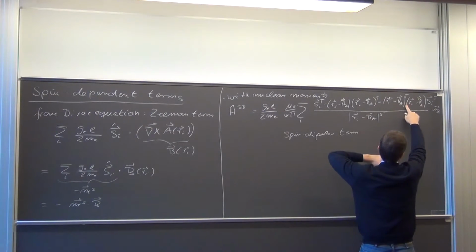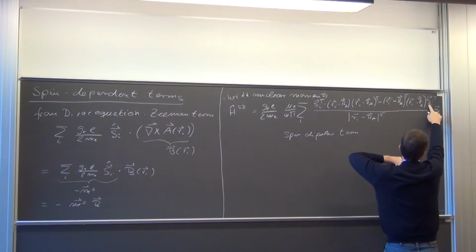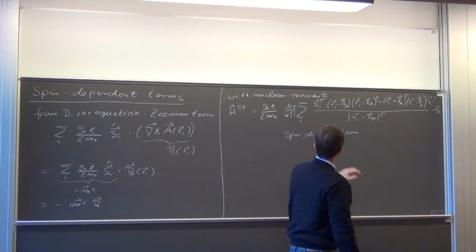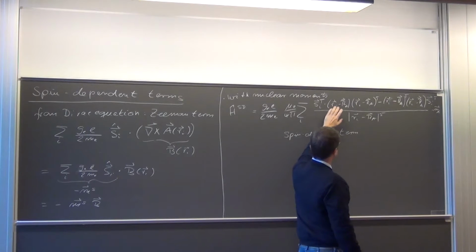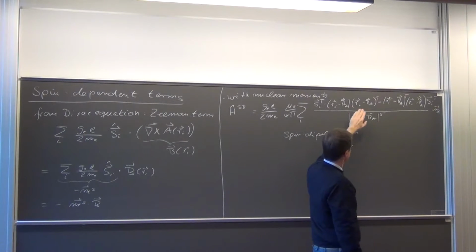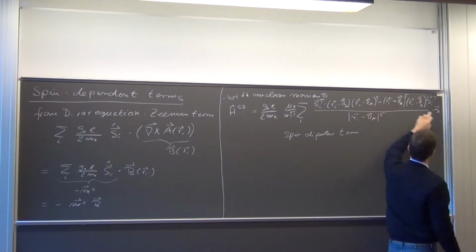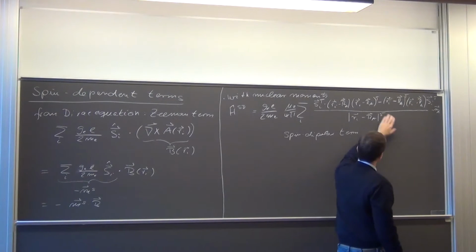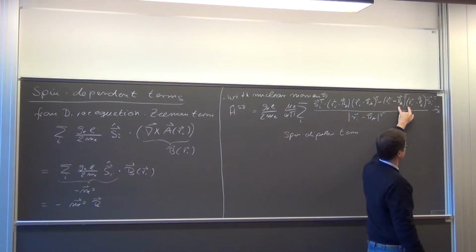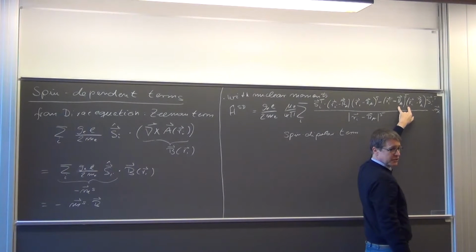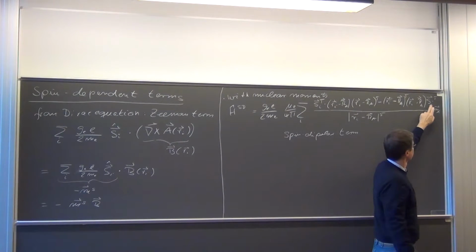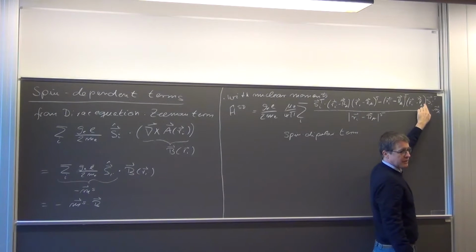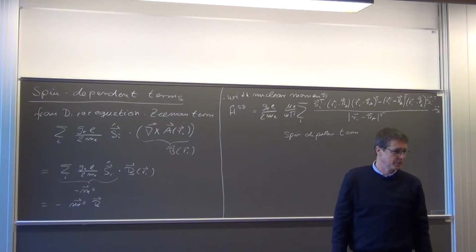And then this is a scalar product again, and then you have this. So you basically have the scalar product of S and R, and then you have R, the scalar product of R with the magnetic dipole moment of the nucleus. Whereas in this part, you have the scalar product of those two position vectors, and then you have the scalar product of the electronic spin with the nuclear magnetic moment.